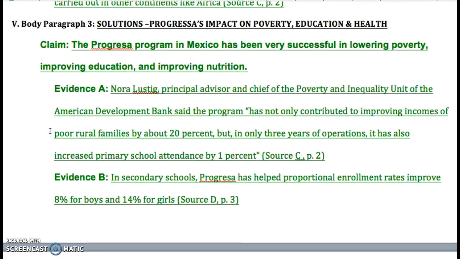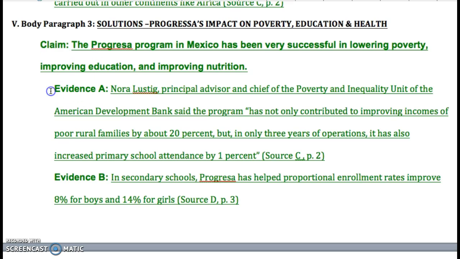Let's look at this body paragraph, solutions. This is my second body paragraph about the impact on poverty, education, and health. And the general claim overall, again, is that Progressa has successfully been lowering poverty, improving education, and nutrition. So all of my facts, all of my pieces of evidence here in this body paragraph should support and be very directly related to this claim.